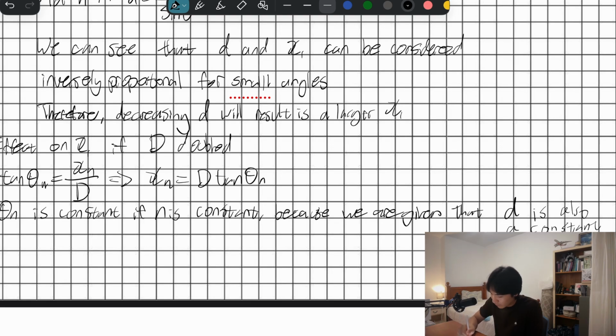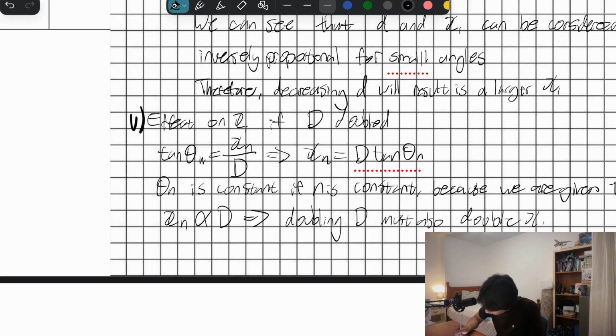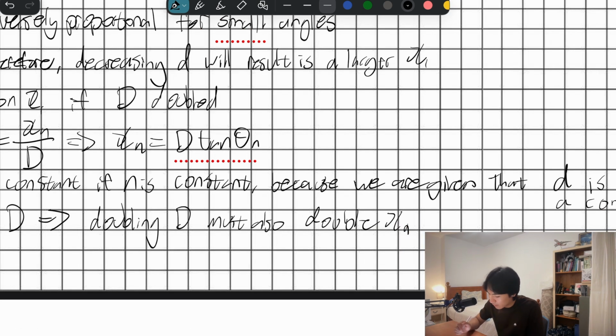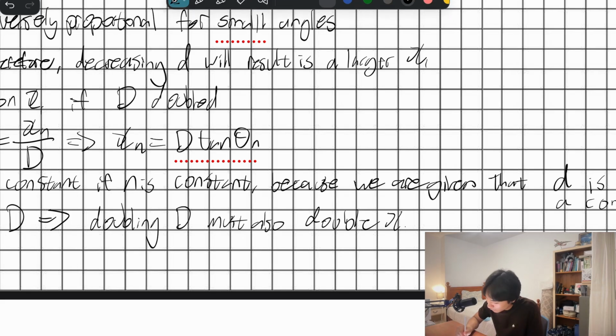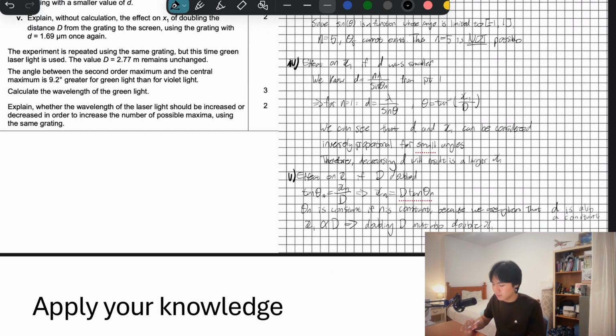So tan theta n must be a constant as well. So xn is directly proportional to d, which implies that doubling d must also double xn. Simple justification. In this case it was x1, but xn is for the general case, so we can just substitute x1 here.